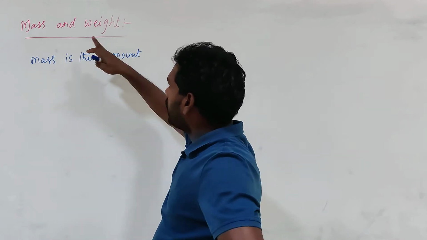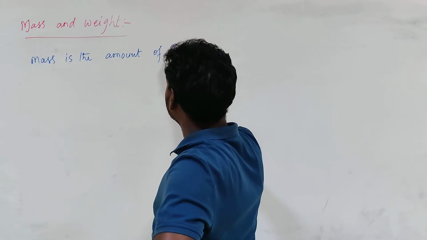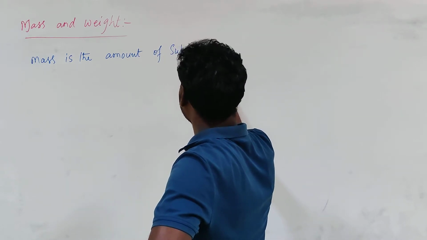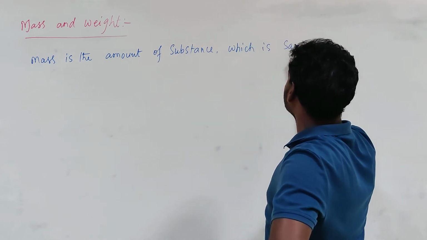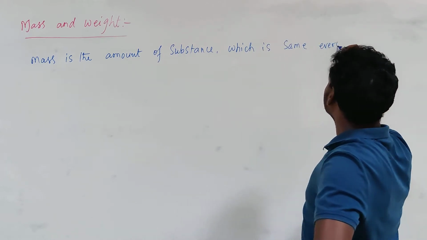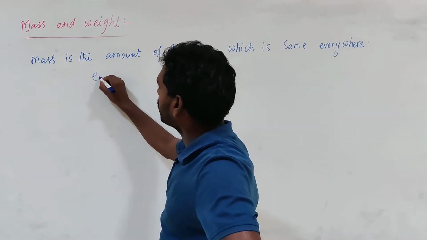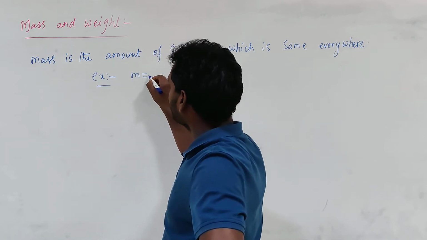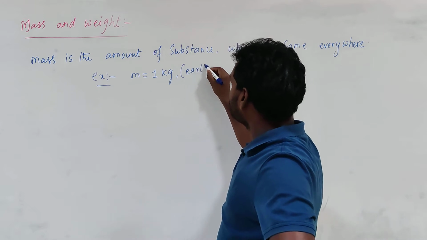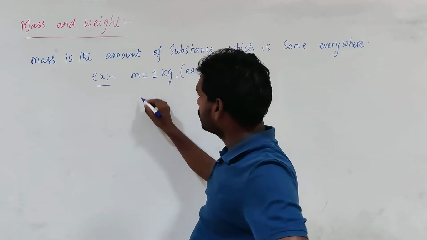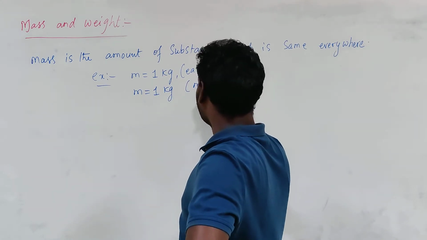Mass and weight. We are going to discuss mass and weight here. Mass is the amount of substance, which is the same everywhere. Same everywhere means the mass of the object on the earth, for example 1 kg, if this mass is taken to the moon, the mass of the object is still the same, again 1 kg on the moon also.